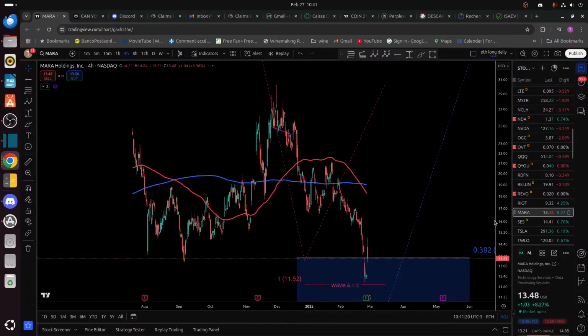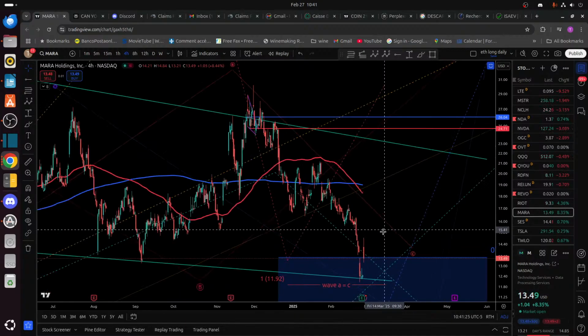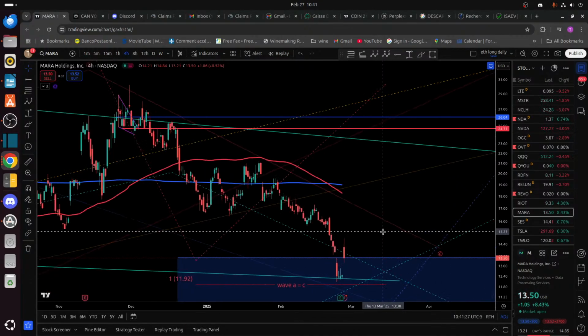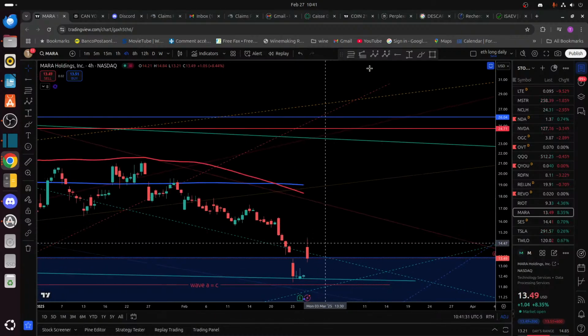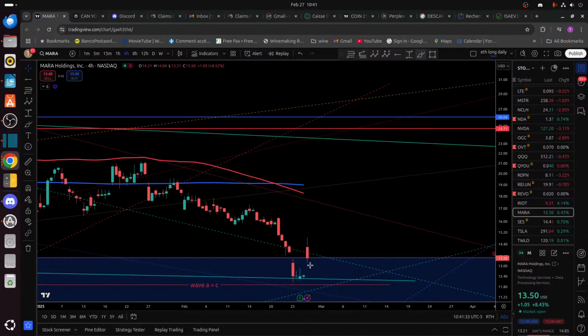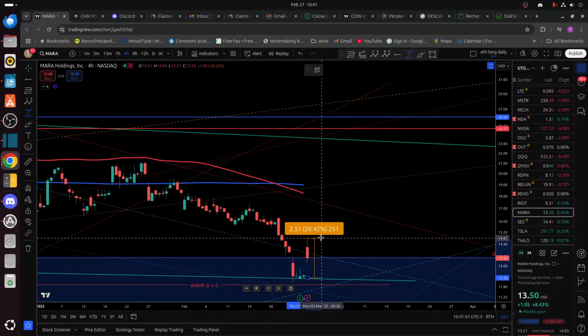Mara looks like today it's doing something. Actually, I'm surprised, but it has to do something now and move to the third wave. It even went higher than what it is now, because it went up almost 20%, is it? Wow, okay.